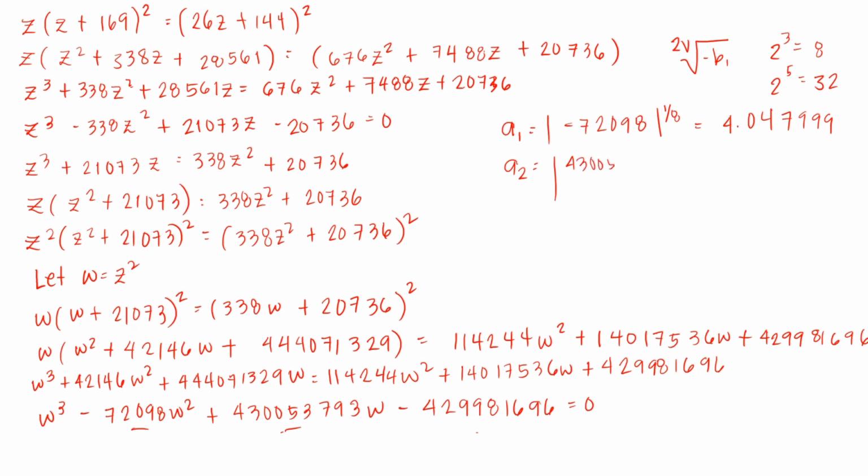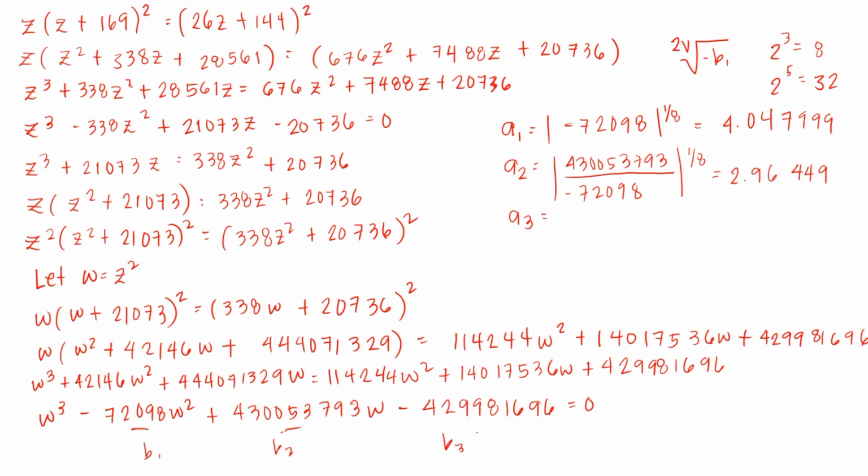So, that is 430053793 over 72,098 raised to 1 over 8. So, that will be equal to 2.96449.